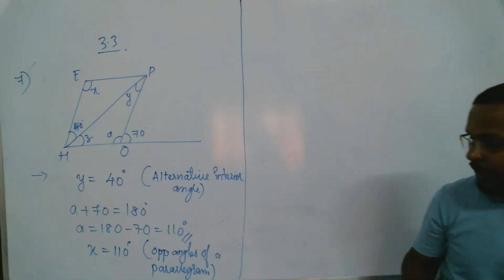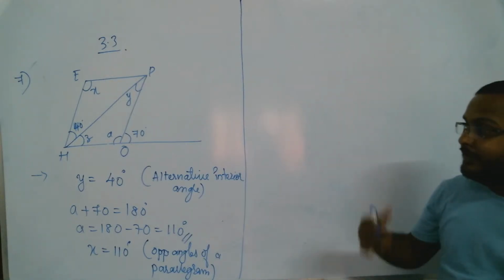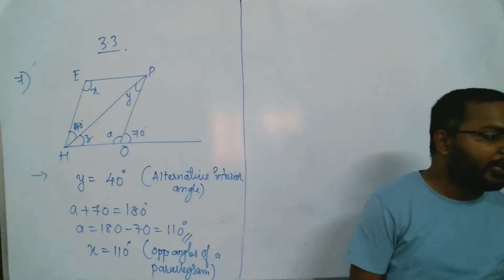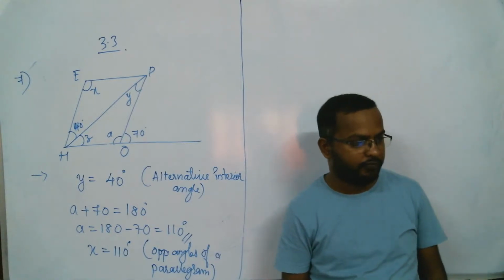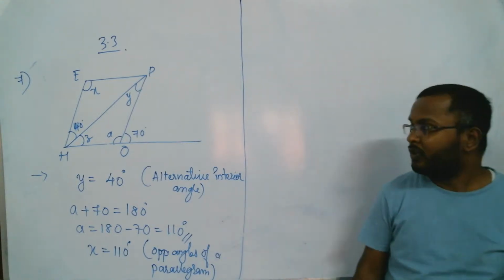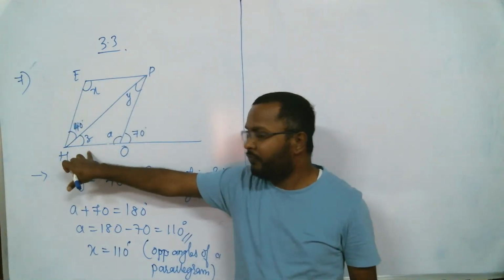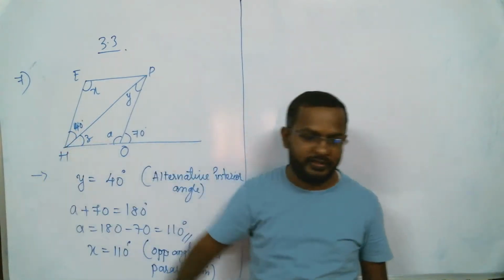Now we got x. After this, we can find the value of z. Can somebody tell me how we can find the value of z? So x is 110 here. After finding x, we have to find the value of z. Z is here. This one is 40 and this is your z.